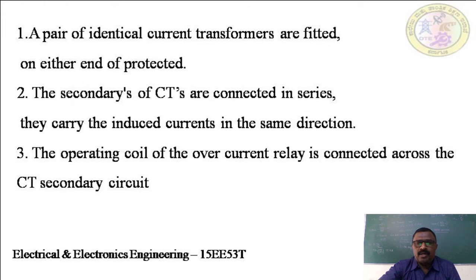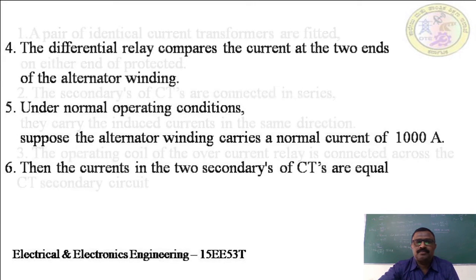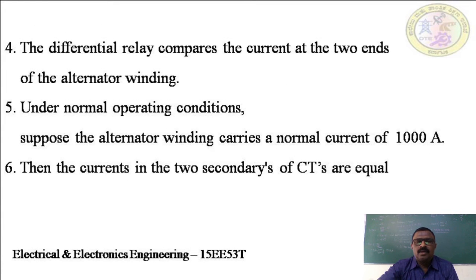The operating coil of the overcurrent relay is connected across the CT secondary circuit. The differential relay compares the current at the two ends of the alternator winding.